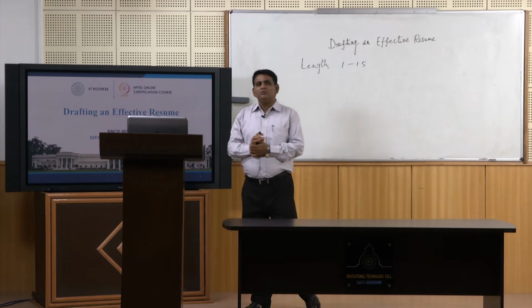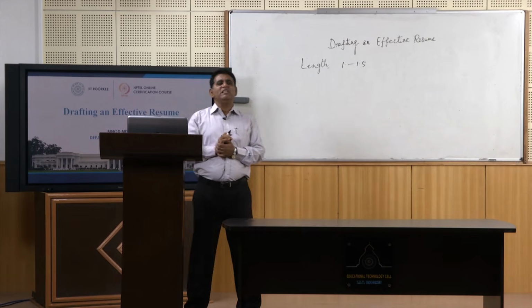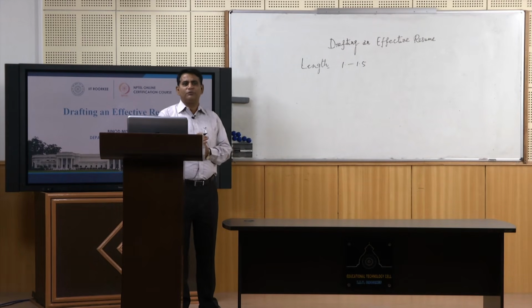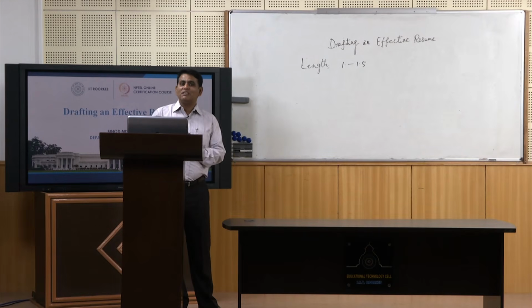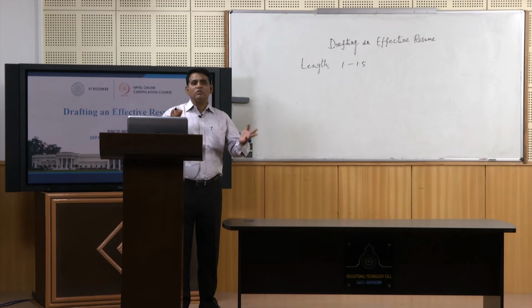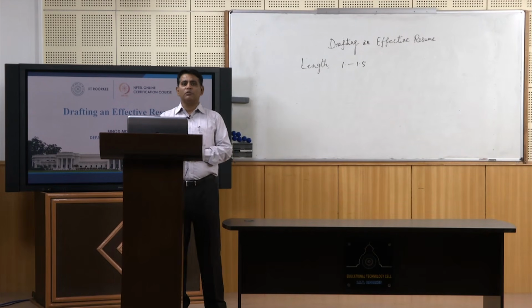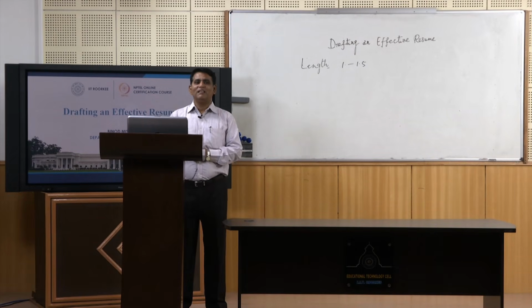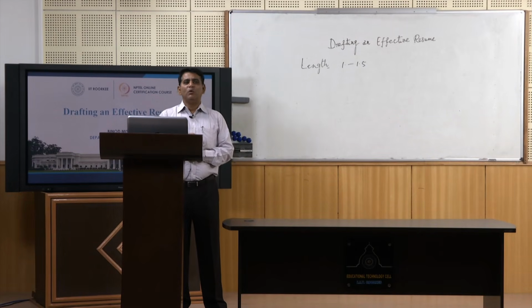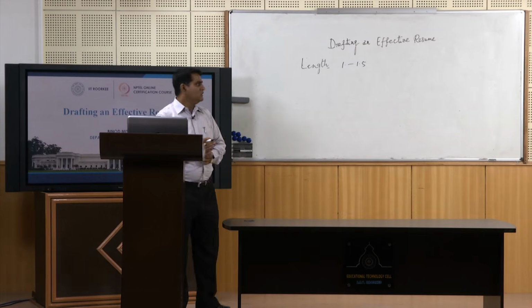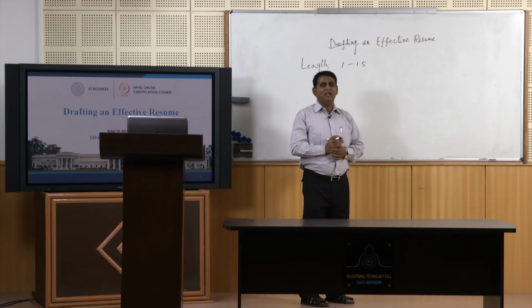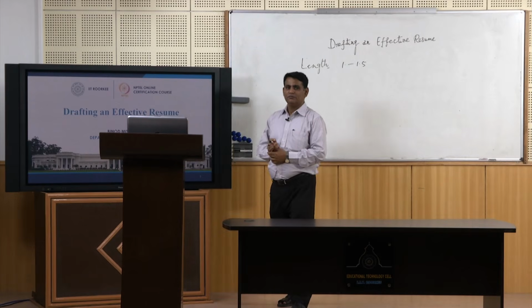Now, the question that might be haunting you is how to make your resume effective, how to start, how to develop, and how to close. Because every resume, like every letter, will have three parts. The first will be an opening, then the body, and then the close.